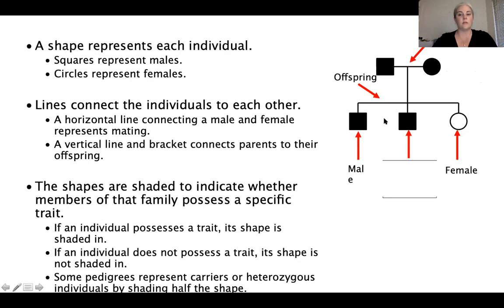So this is the parental generation. This is the filial generation, one of the kids. And then if these individuals had offspring, so if this individual had a mating with this individual, their offspring would then be on the next line down. Each generation is on the same line, okay?